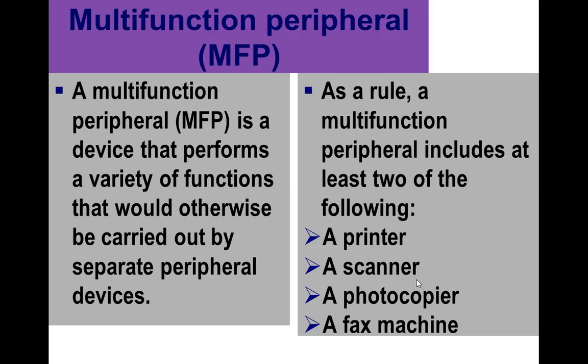It can print, it can scan, it can photocopy, and it can act as a fax machine. That's why it is called a multifunction peripheral. And it is always connected on the computer as an output device. So these ones can serve as both output and input devices.